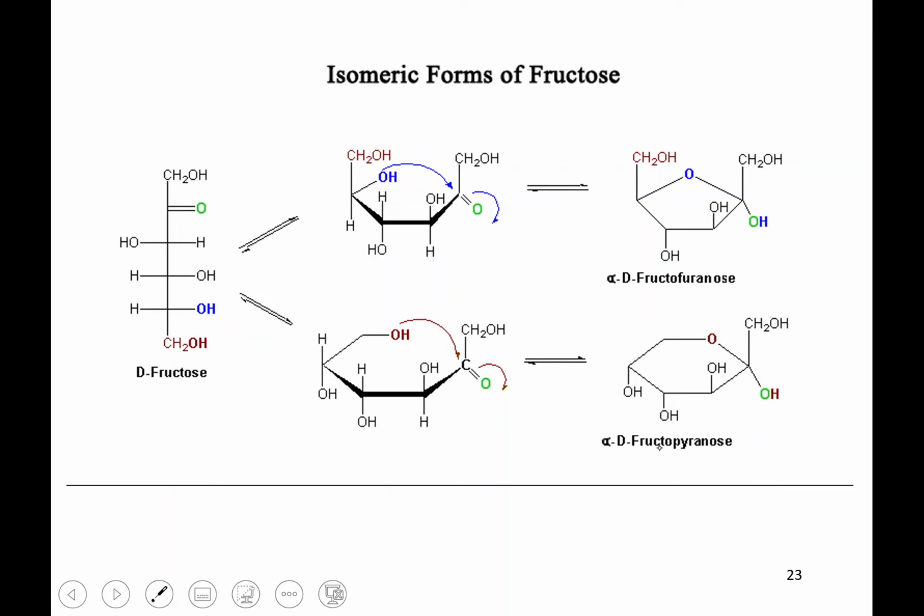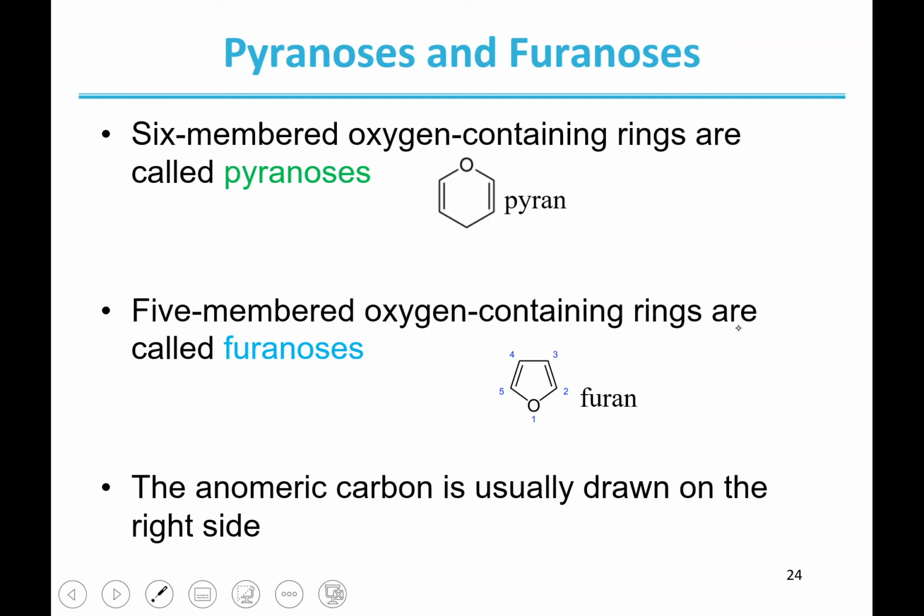A 5-membered ring form of a sugar is called a furanose. Where those names come from is that they look similar to some organic structures. 6-membered rings, sugars that contain an oxygen in the ring, have 5 carbons and 1 oxygen.